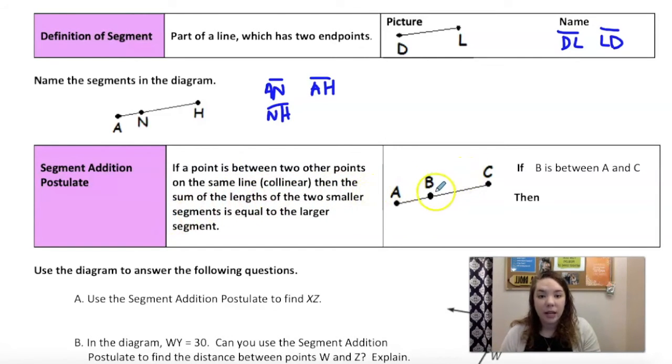So if B is between A and C, then I can take segment AB and add it to segment BC to get the large segment AC. So I can add these two little pieces together to get the big piece.